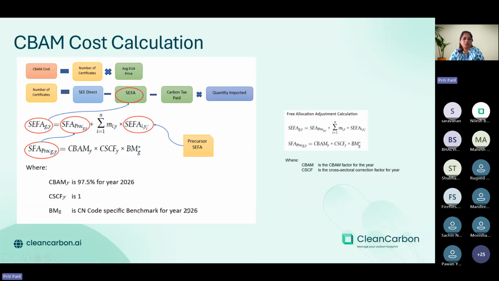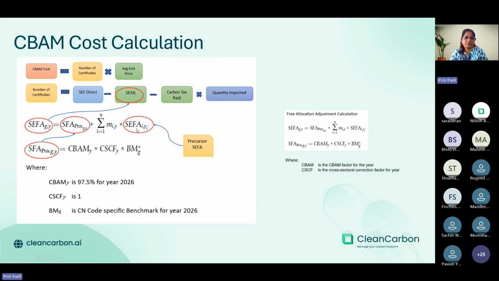So let me quickly recap this total calculation because this is kind of complex thing. So let me explain it once again to be more clear. So first, now I started from CBAM cost. Now let's start from the first point, from where it starts. So first, you have to calculate precursor CEFA.